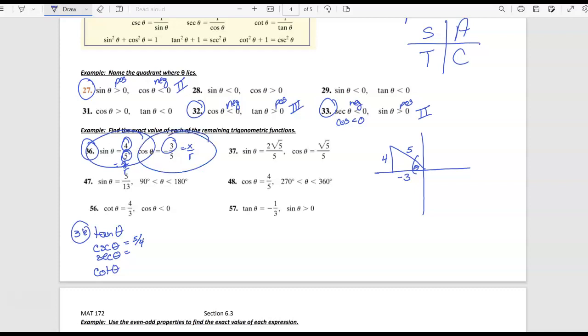Secant is the same thing as 1 over cosine. So that's going to be negative 5 over 3. So now let's find tangent. Tangent is y divided by x, which is going to be 4 over negative 3, or negative 4/3. Cotangent is x divided by y, which would be negative 3 over 4.